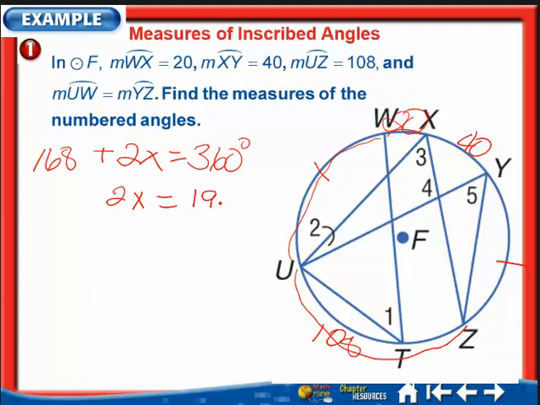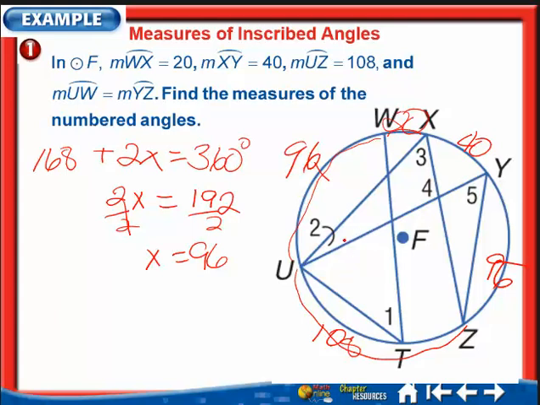I mean 192? 192, 168 plus 192 is 360, yes. Divide by 2, divide by 2. So x is going to equal 96. So this is 96, and this is 96. Now remember, central angles equal, but inscribed angles are half.